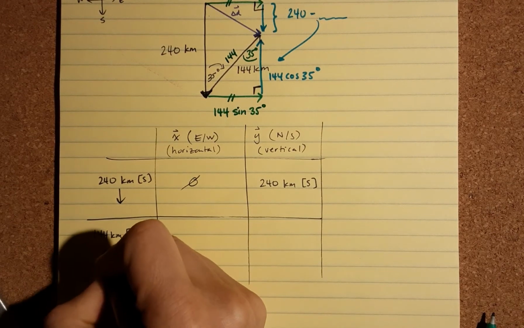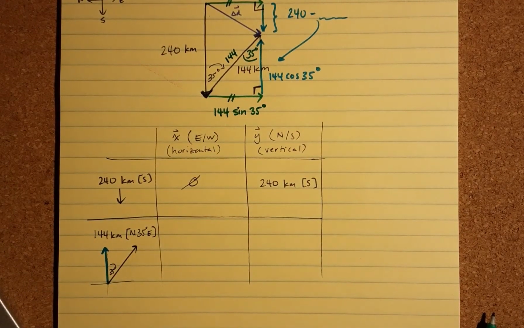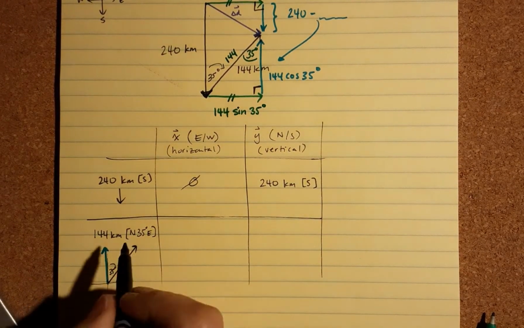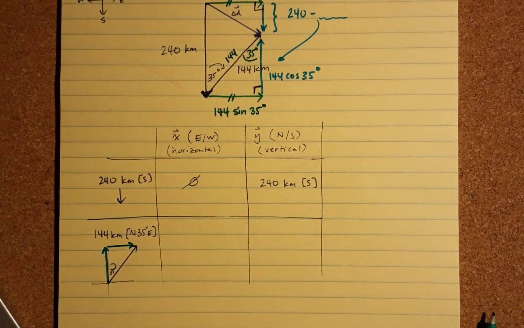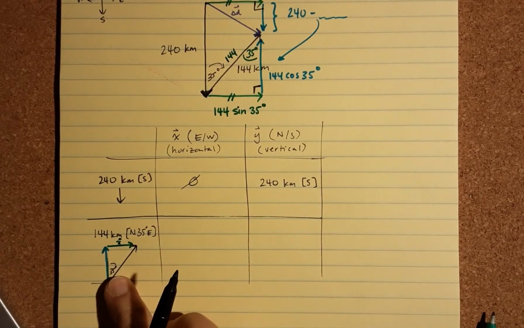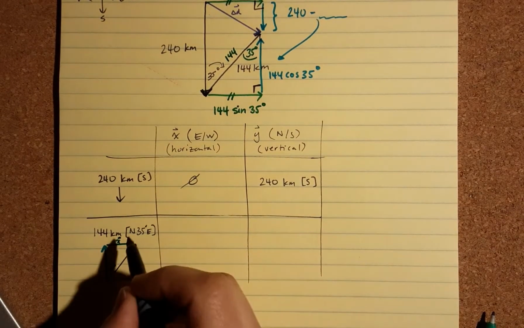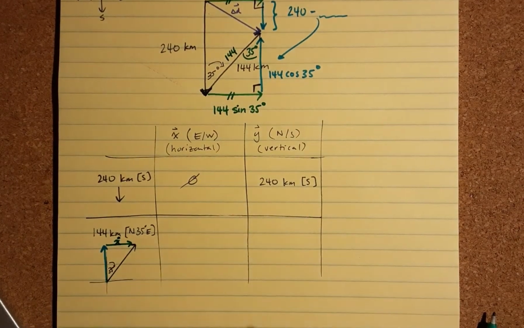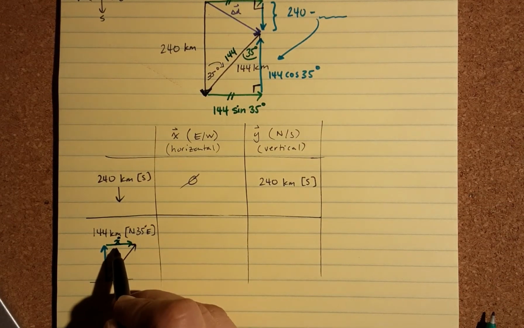And I'm going to go up, and then I'm going to go over, because remember, it doesn't matter which way you go first. Okay. So my east-west is green. This is my X right here. Okay, my X component.